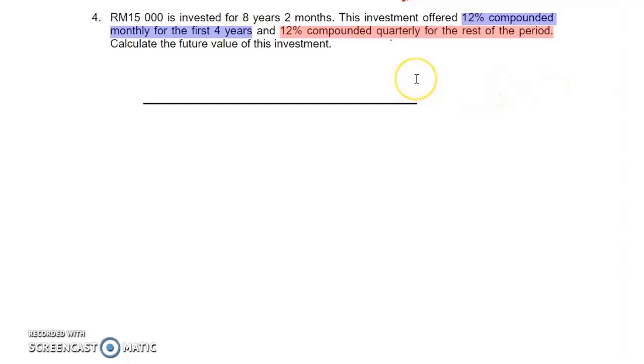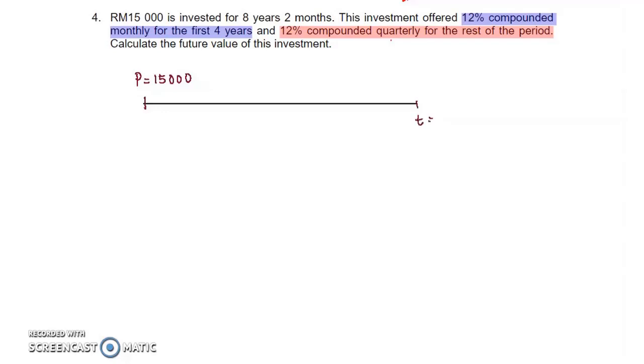So again, we extract the information into a timeline. In this case, again, we have one principal and two different rates. Okay. So first, we put here P 15,000, and the investment period is 8 years 2 months.